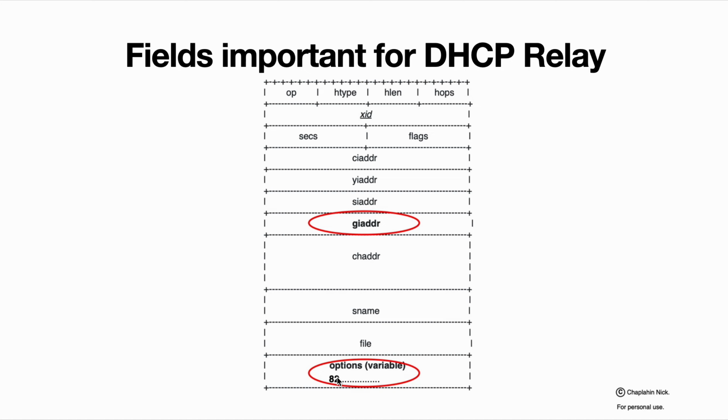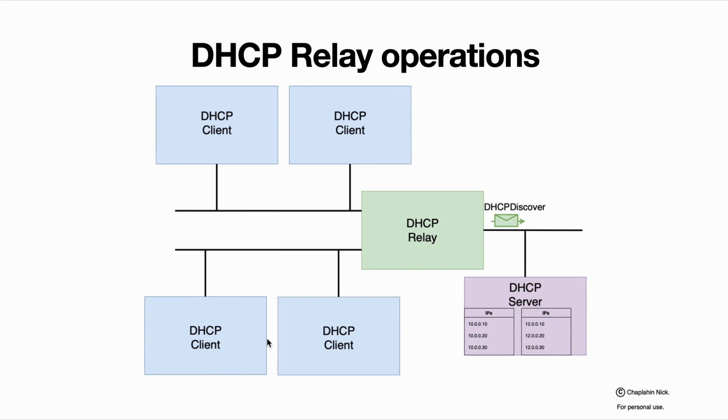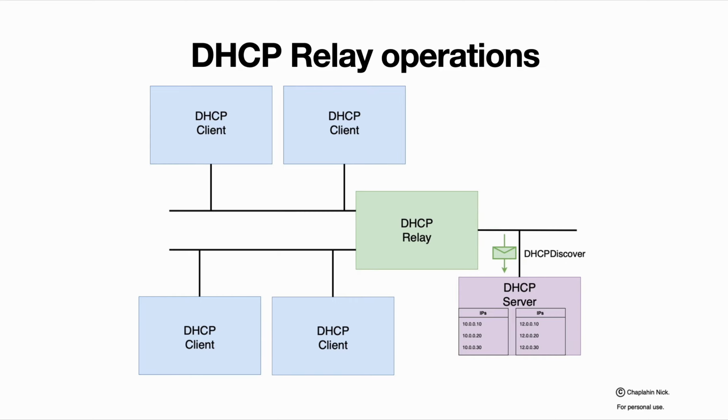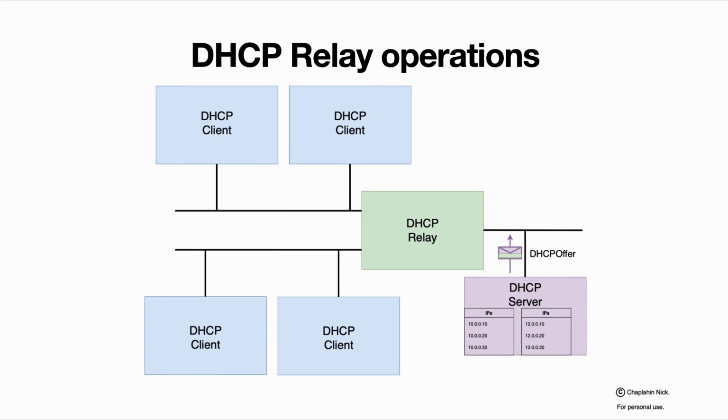This option 82 identifies the DHCP relay. Also, the giaddr field in the DHCP packet identifies the address of the relay that generated this packet. So the DHCP relay sends the discover to the server, and the server receives it and operates in the normal way.